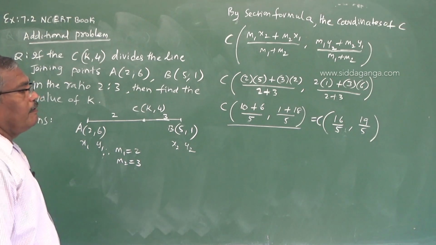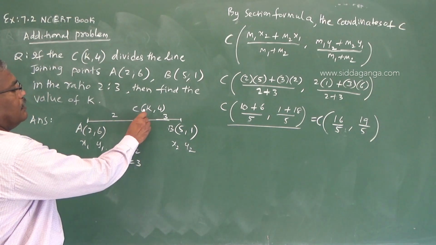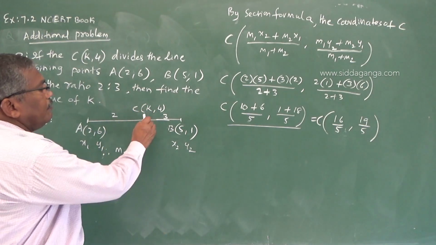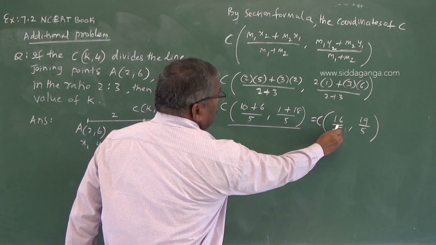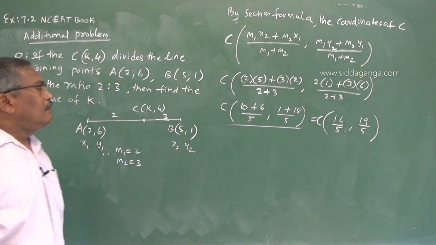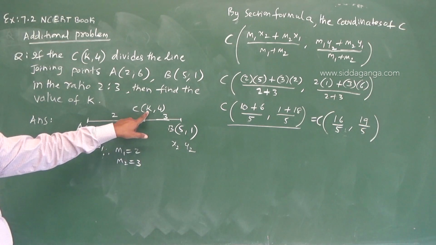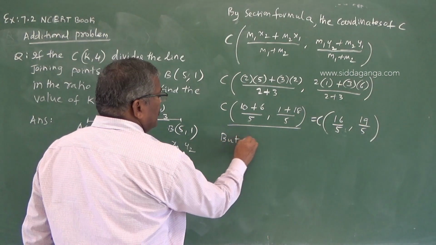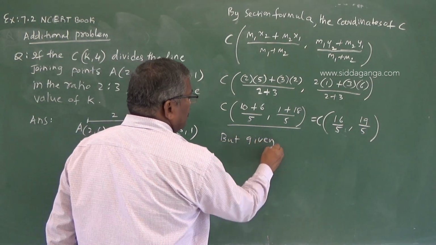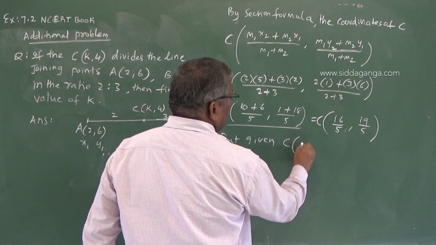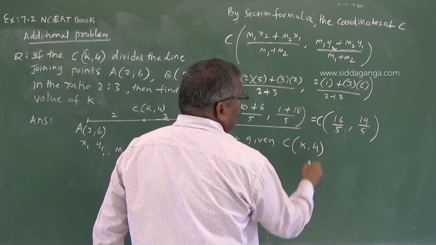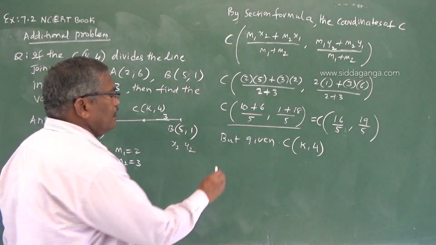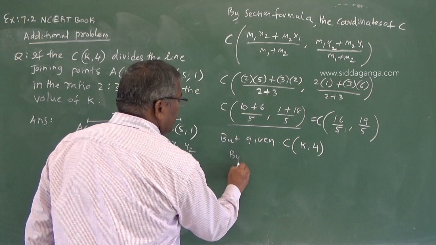So now, what happens? Coordinates of C are given as (K, 4), so we equate the corresponding coordinates.